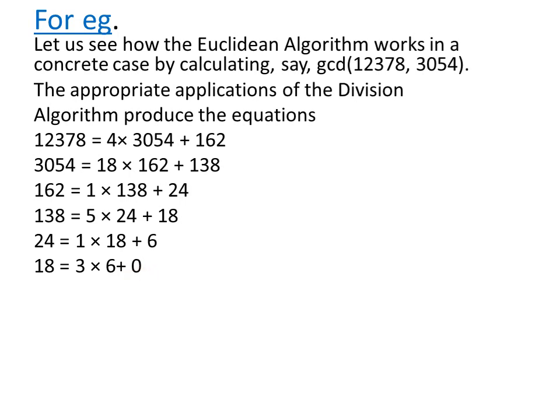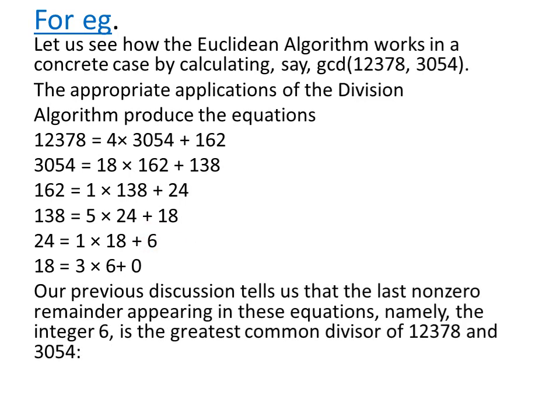By Euclid's algorithm, the last non-zero remainder is nothing but the GCD. Here the last non-zero remainder is 6. Therefore, GCD of 12,378 and 3054 is 6. So you can calculate GCD in this way.